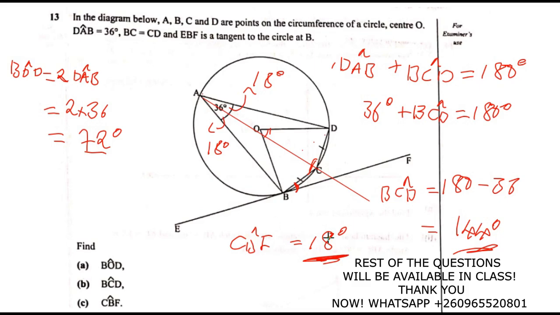So this is how we can solve the circle geometry questions on question 13. BOD, we said, is 72 degrees, which was one of the easiest, BCD we said was 144 degrees, and therefore CBF we said to be 18 degrees.